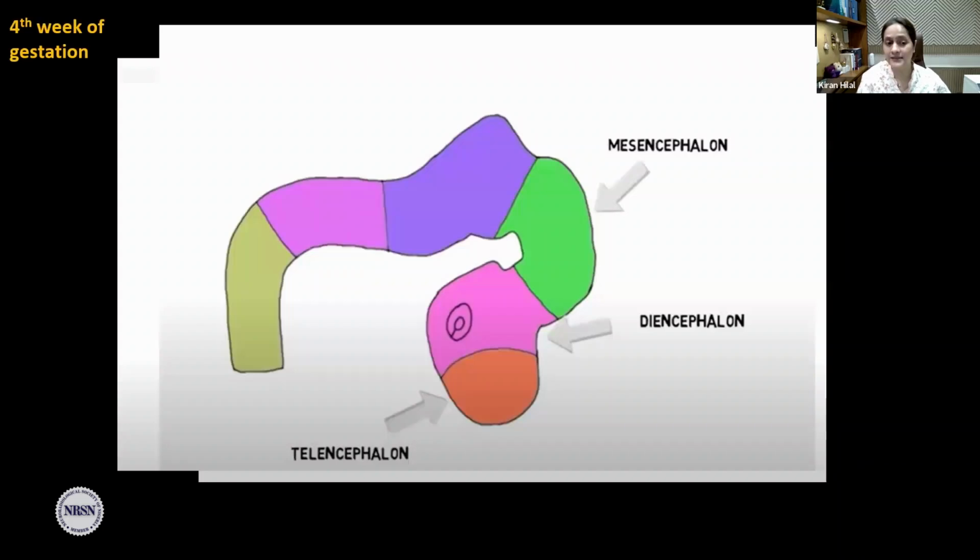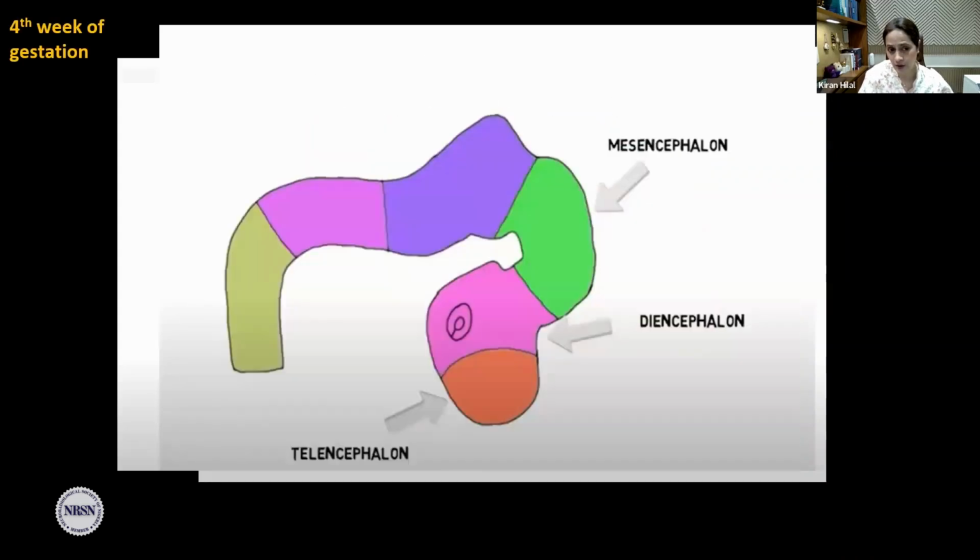Telencephalon gives formation to the cerebral hemisphere. Diencephalon further divides into the hypothalamus and thalamus. And in the next stage, the mesencephalon, which is the second vesicle, does not show any division. So it remains the same and gives the formation of the midbrain.